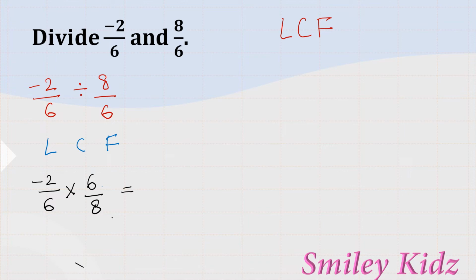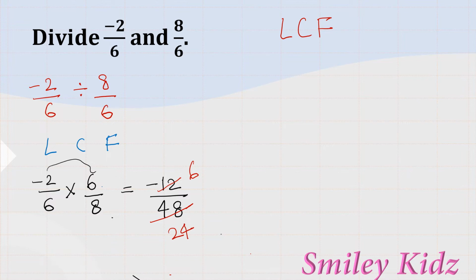Now, we will be multiplying these two rational numbers. Minus 2 multiplied by 6 gives us minus 12, 6 multiplied by 8 gives us 48. Right? And this is not the final answer. We have to further simplify. 2 times 6 is 12. 2 times 24 is 48.